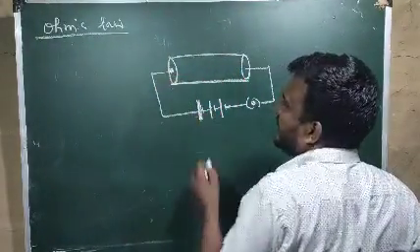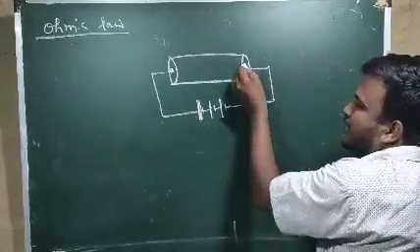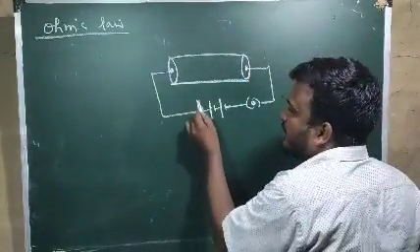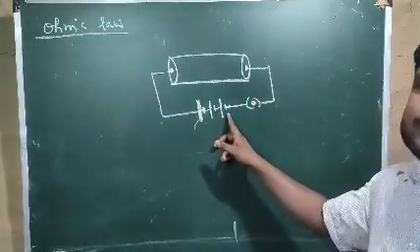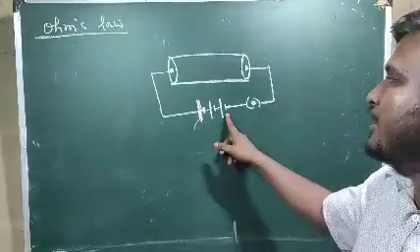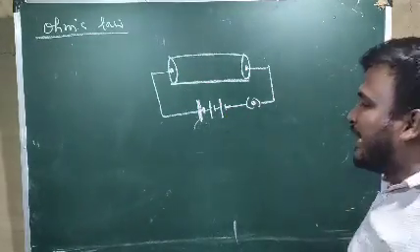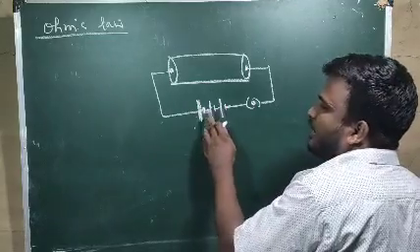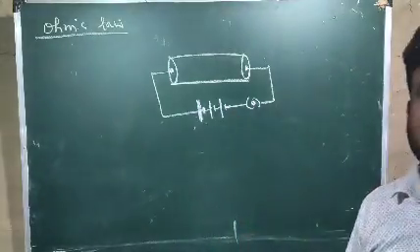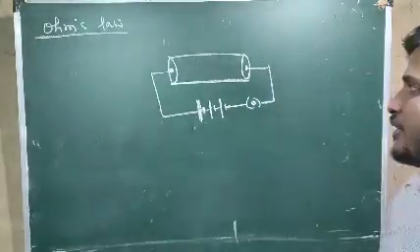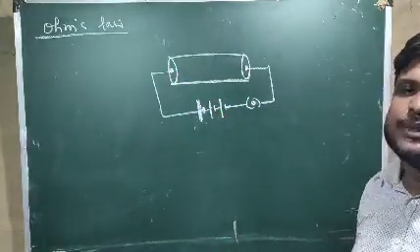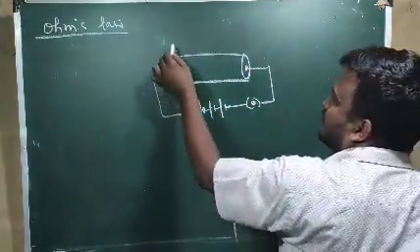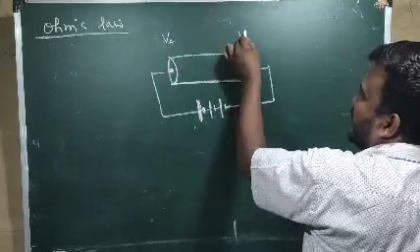So suppose here potential is there, and here also potential is there. Conventionally, the positive terminal of the battery is regarded as higher potential, and the negative terminal of the battery is regarded as lower potential. That means potential at this point is more and potential at this point will be less. That means potential difference is there between these 2 points. Suppose here potential is VA and here potential is VB.